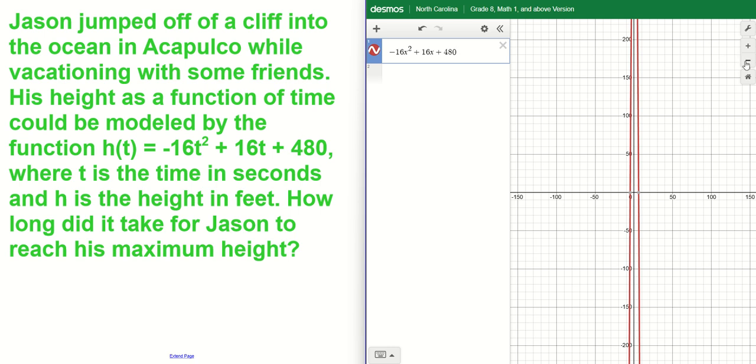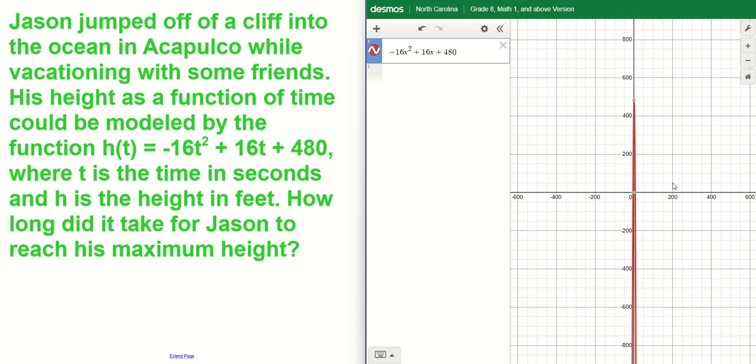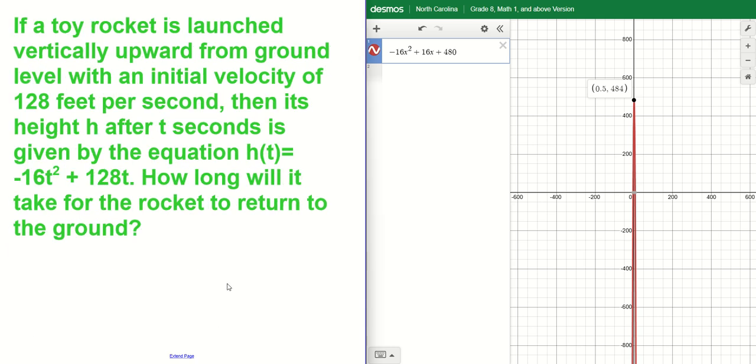That's putting us having to zoom out a good amount. But you can still see the maximum right there. Our maximum, or our vertex, is at 0.5 seconds, which is a height of 484. All right? Everybody see, like I'm saying, you put the graph in, it gives you those 4 points. You got to figure out which one you're using.